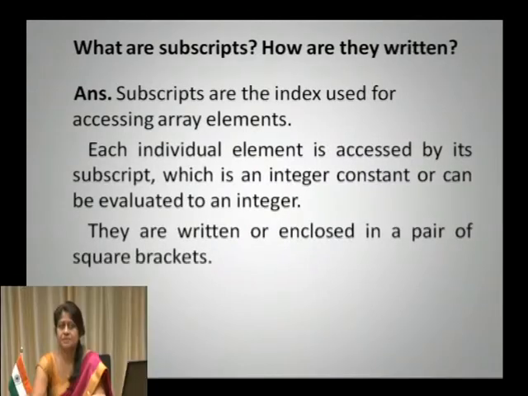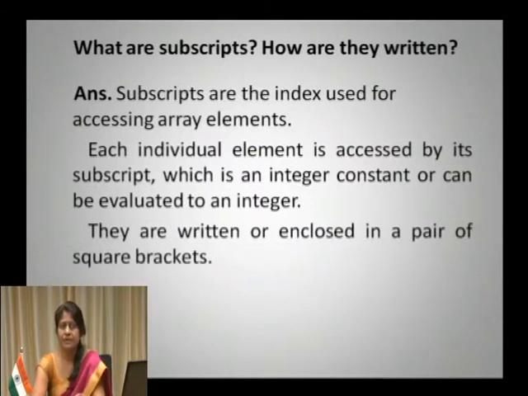Next, what are subscripts and how are they written? Subscripts are nothing but the index that is used to access an array element, and each individual element is accessed by its subscript, which is an integer constant or can be evaluated to an integer. That is, you can have list of 5, which means that you are trying to access the 6th element in your array called list.